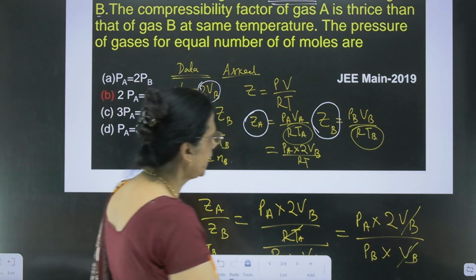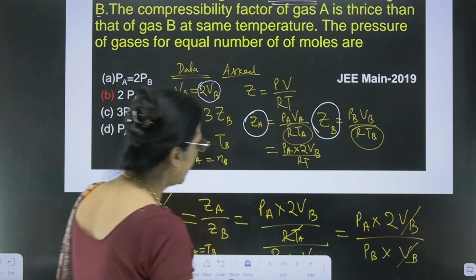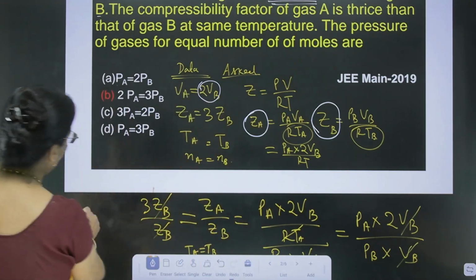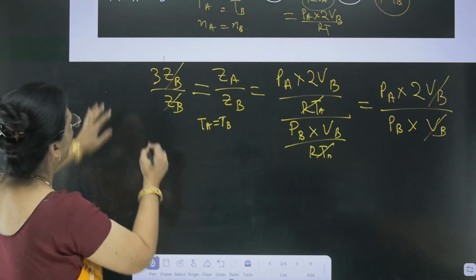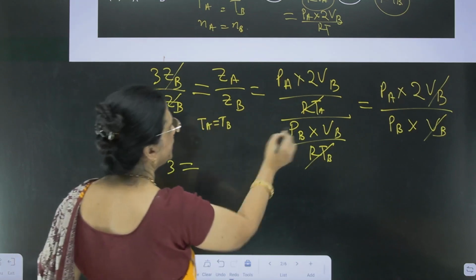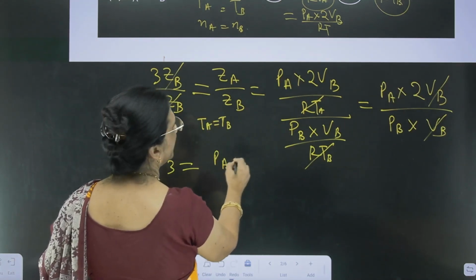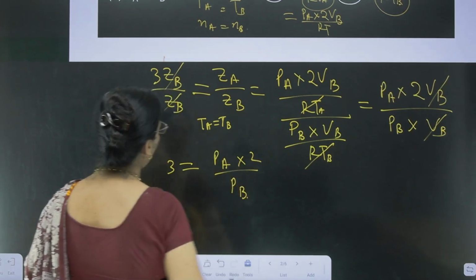Now what you are getting is PA × 2/PB = 3.